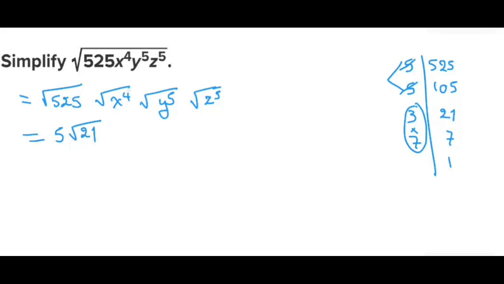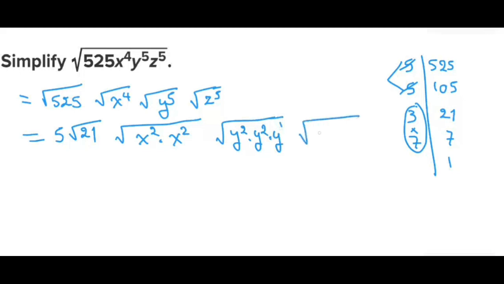Now x power 4 under the square root, we know that x power 4 we can write it as x power 2 times x power 2. And let us write y power 5, y power 2 times y power 2 times y power just a 1. Also the z power 5 is the same, z power 2, z power 2, and z power 1.